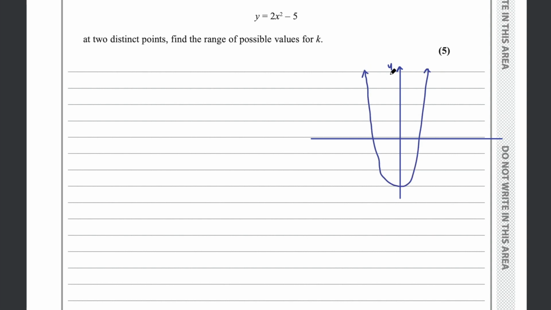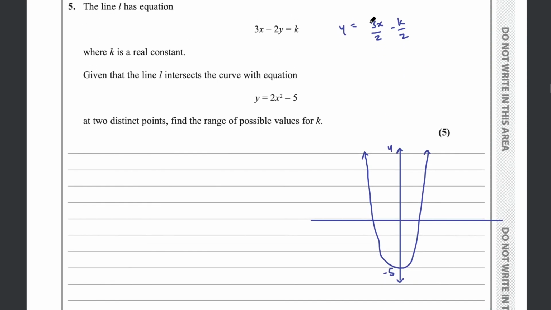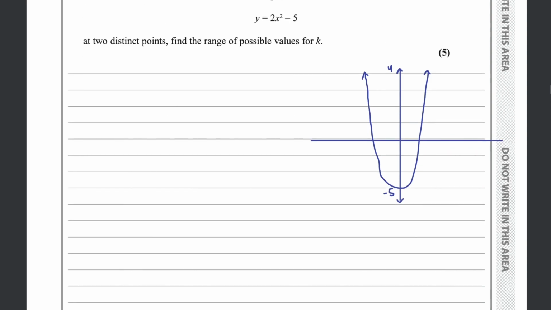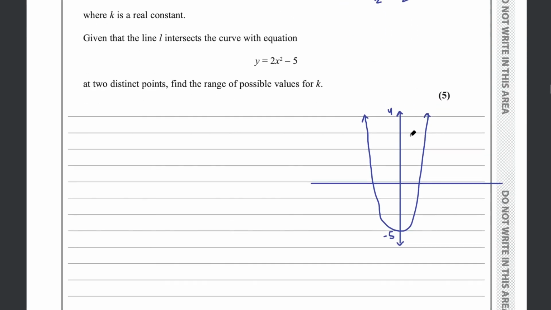Also, I know the y-intercept will be -5, so it'll cross the y-axis down here at -5. And then we have a straight line with a gradient of positive 3 on 2.